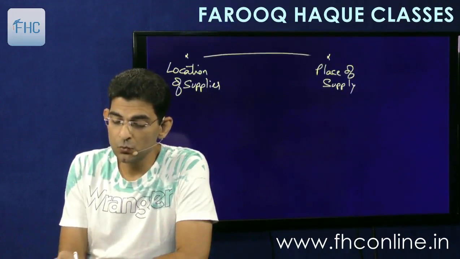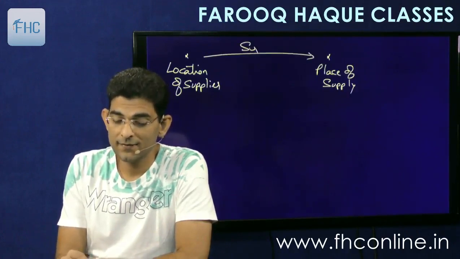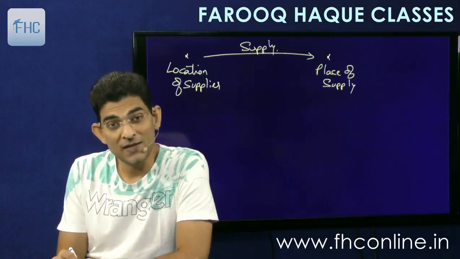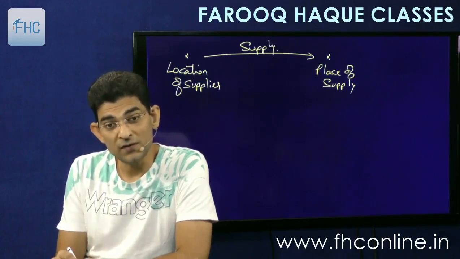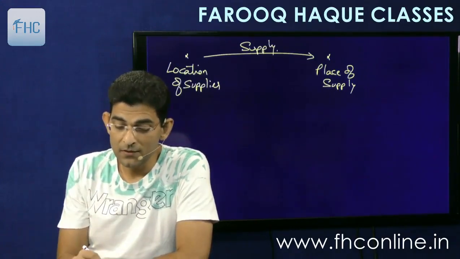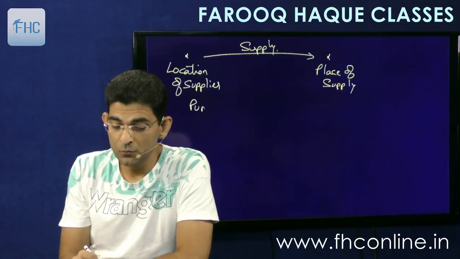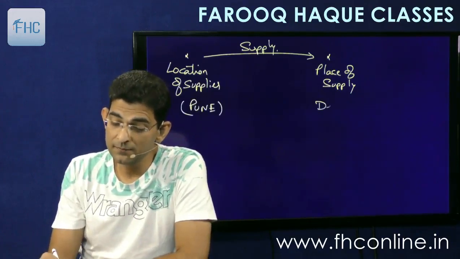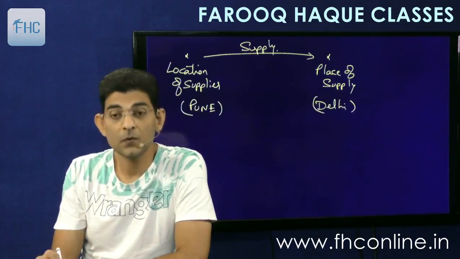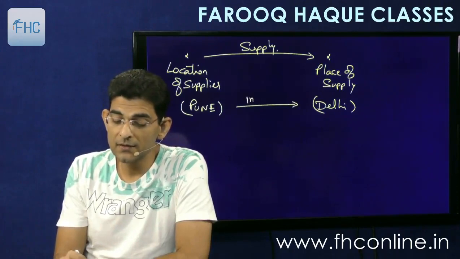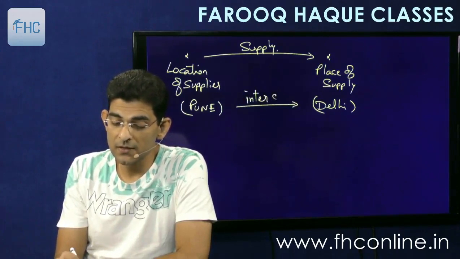Now if these two are in different states or different union territories, or one state and one union territory, for example, the location of supplier is in Pune, but the place of supply is in Delhi, then this will be called an interstate supply.